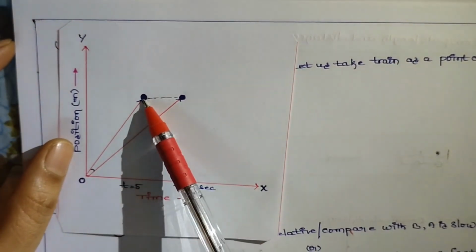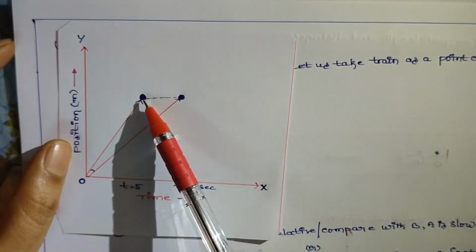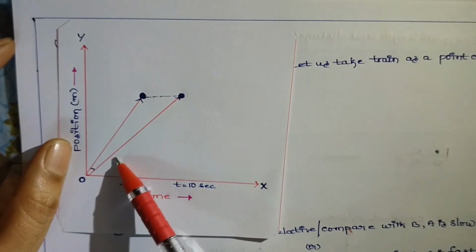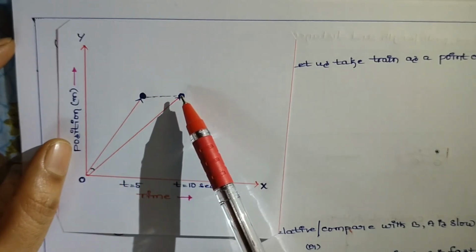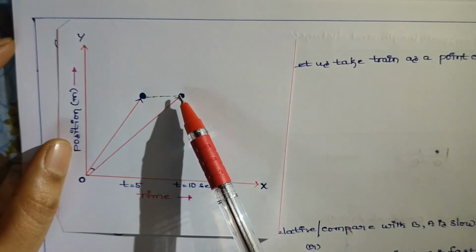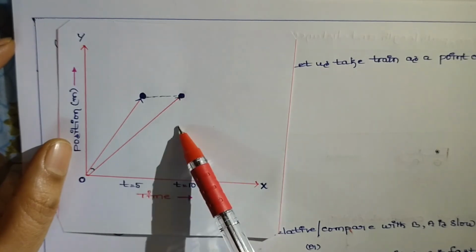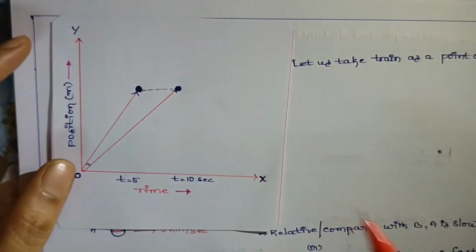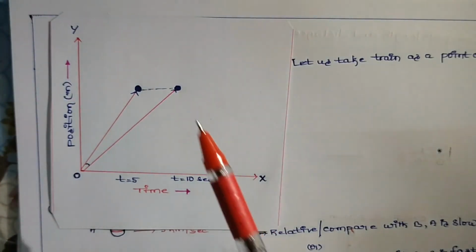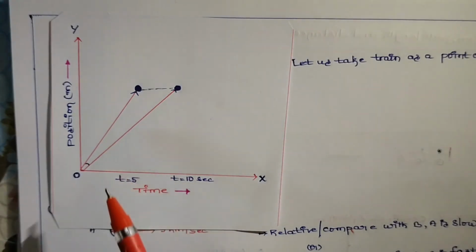It represents the position at that particular time, and R2 is the position vector of the same train when its position has changed after some time. And this is the origin.